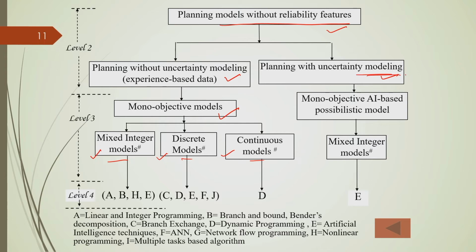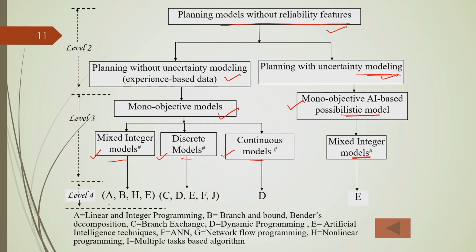Planning with uncertainty modeling is an example of a possibilistic model, where a fuzzy set theory based approach is used to model the uncertainty of different data. Only one type of model is used, that is the mixed integer model.